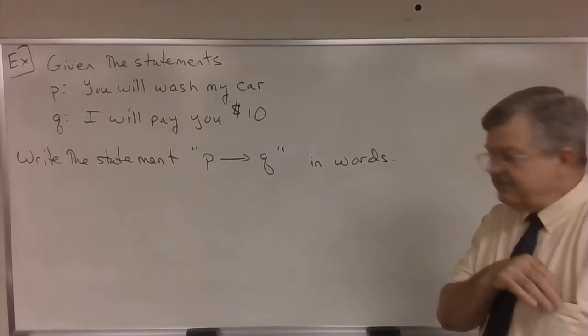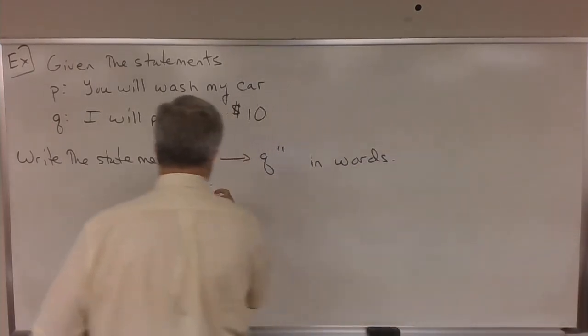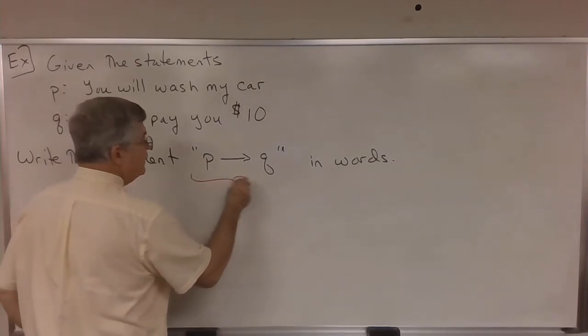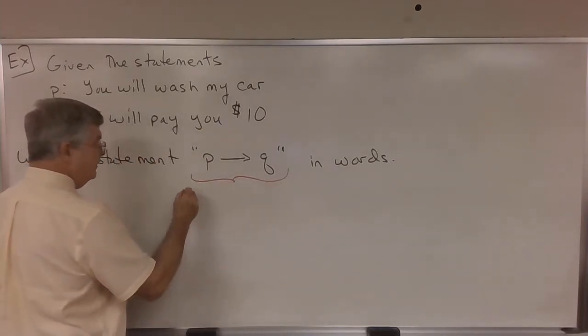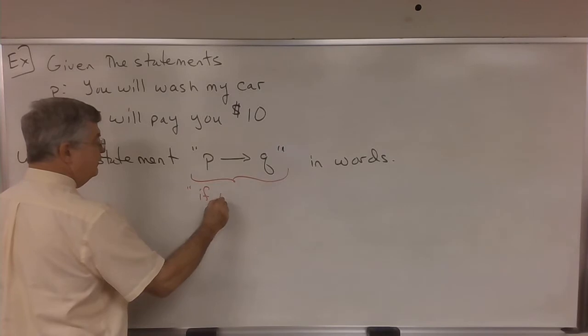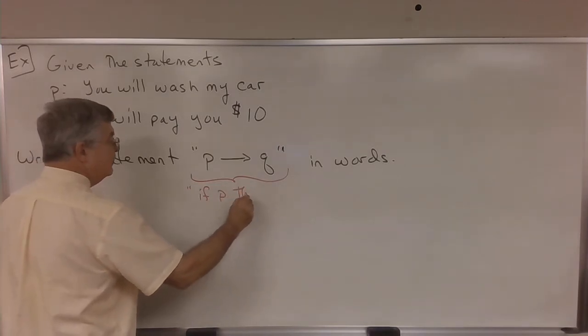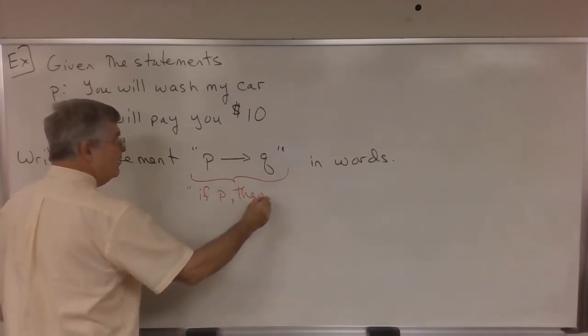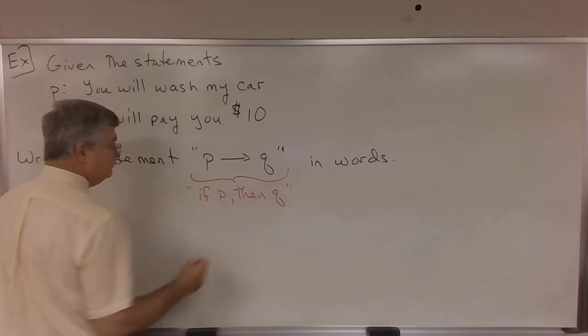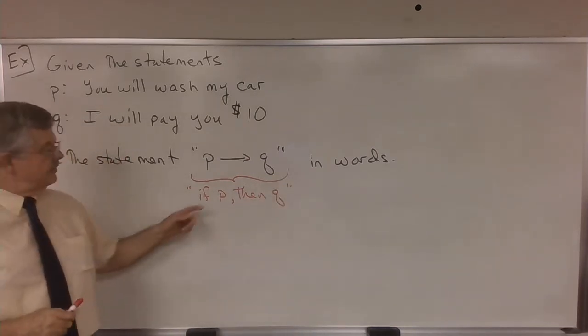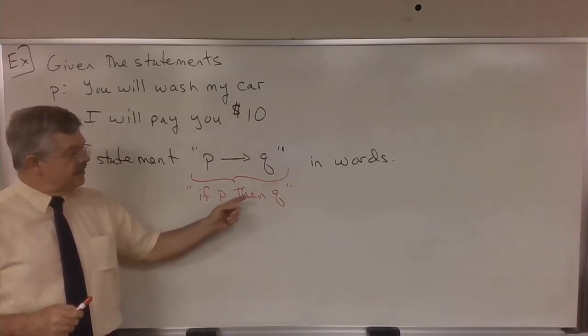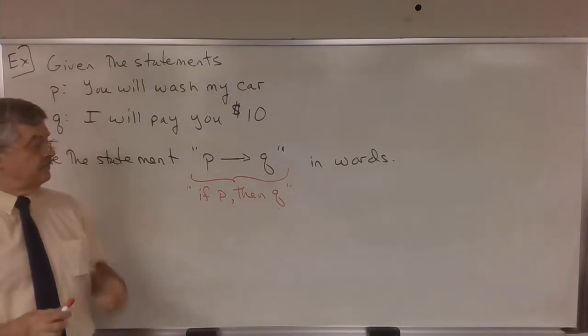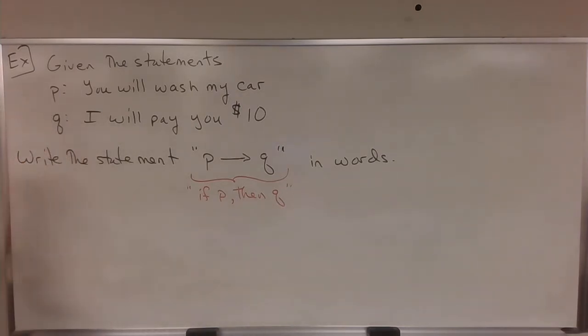And notice that if we use P and Q in words, this means if P, then Q. In other words, if P is true, then Q is true. And we want to write that in words.